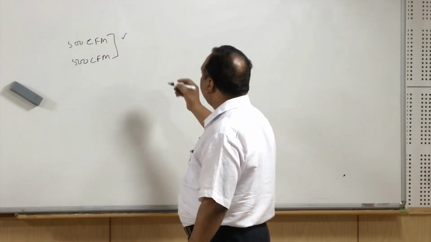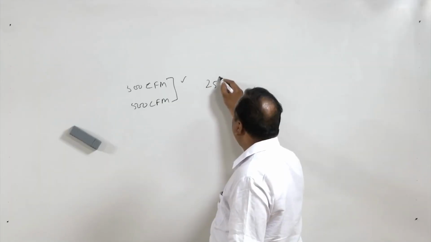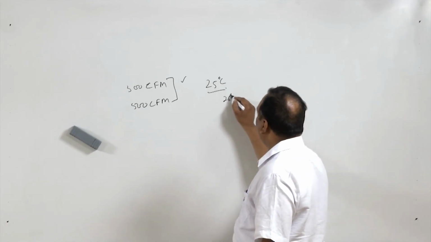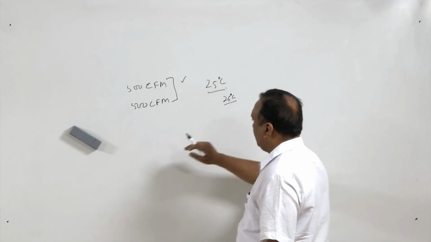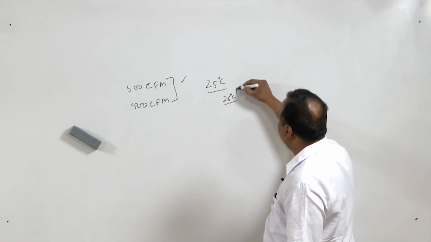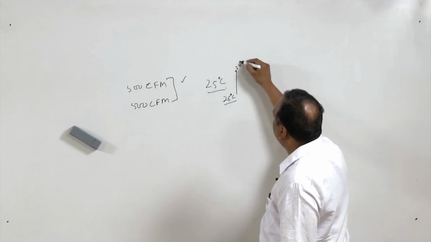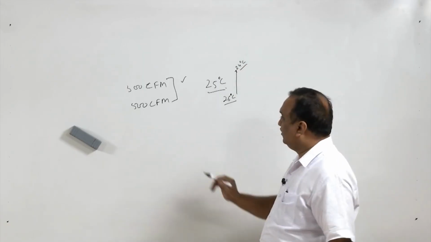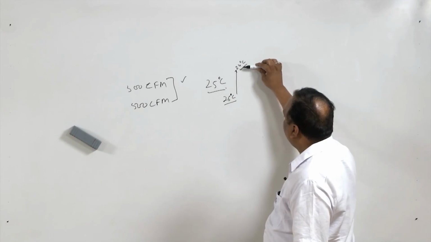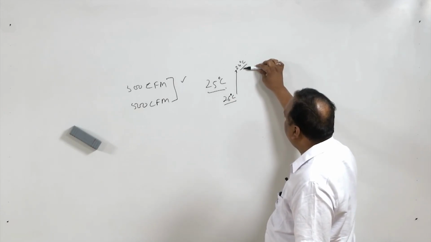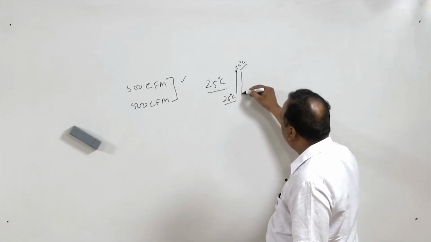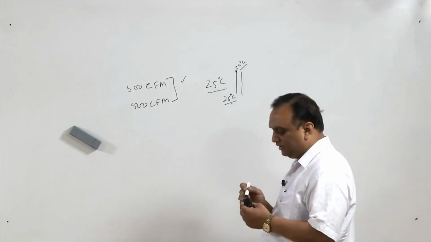If the thermostat is fixed, let us say at 25 degrees centigrade, then when the temperature is 26 degrees centigrade, it will switch on. It depends upon the setting. And when the temperature reaches 24 degrees centigrade, it will switch off. The flow rate will remain the same. Slowly the temperature will start rising, and when it goes to 26 degrees centigrade, the system will again switch on.